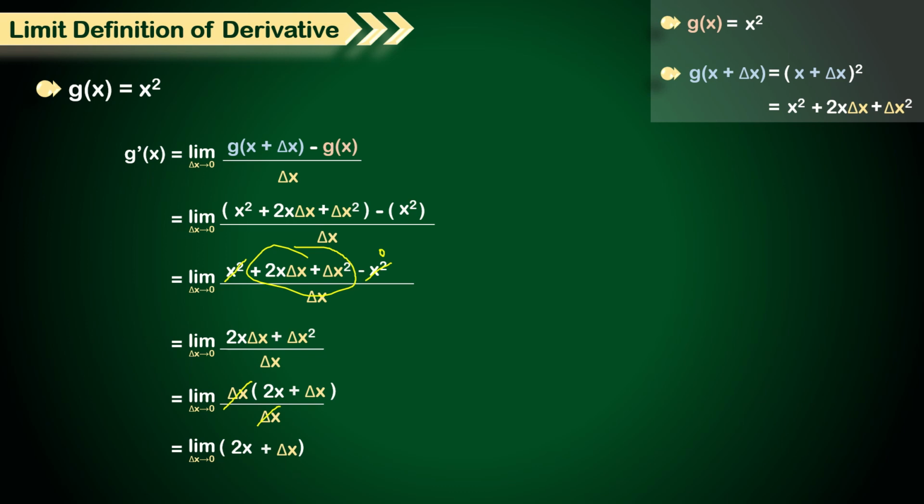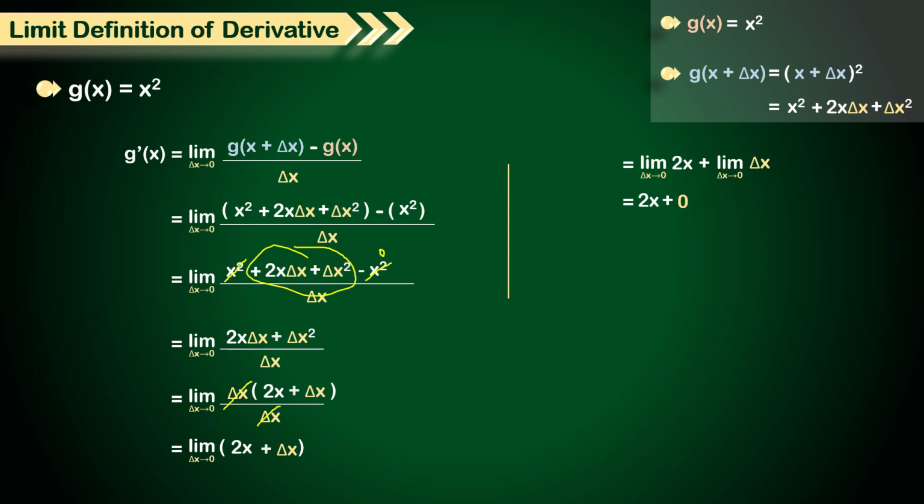Apply the limit property. Limit of 2x as delta x approaches 0 added to the limit of delta x as delta x approaches 0. Perform the limit. Limit of 2x as delta x approaches 0 is 2x, added to the limit of delta x as delta x approaches 0, which is 0.